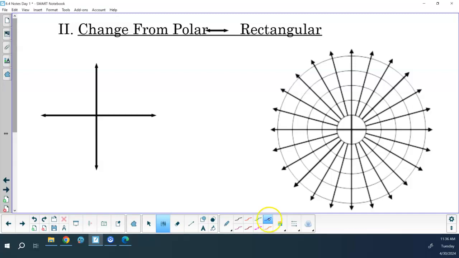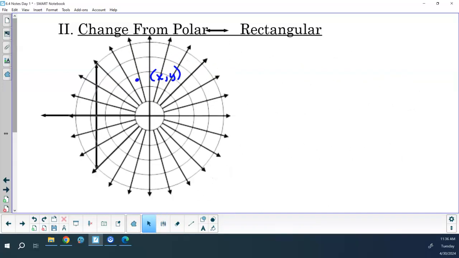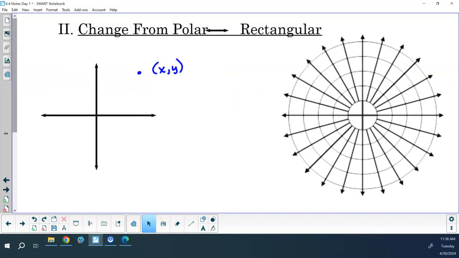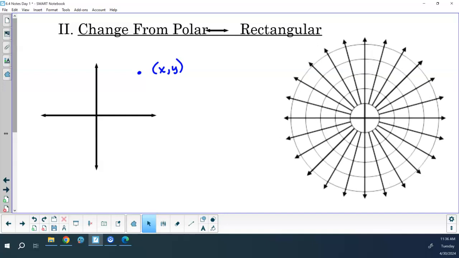If I've got a point up here, we'll call it x comma y, and I put it on a polar grid, what I need to know is this distance, because this distance here is my R value.